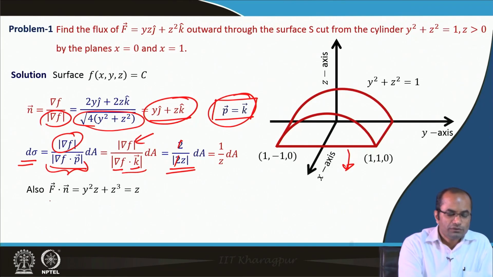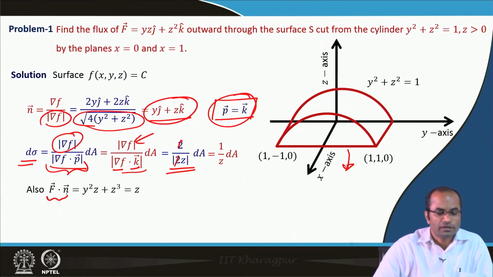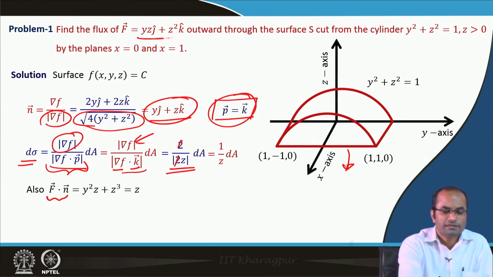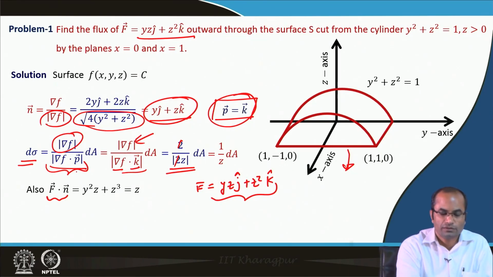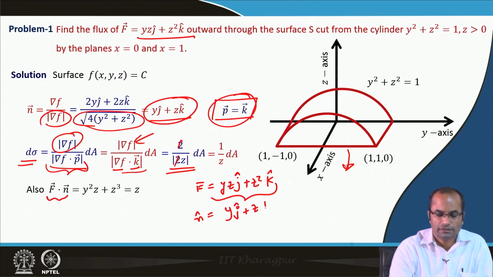Well, we also need to get f dot n. So, f is given as y z j plus z square k, and we take its dot product with n, the unit normal, which is given here as y j plus z k.